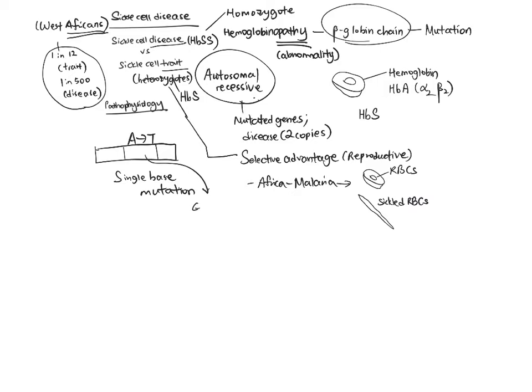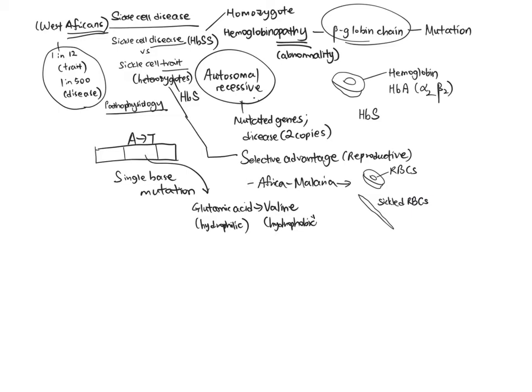Originally it codes for glutamic acid, and then it changes into the valine amino acid after the mutation occurs. So glutamic acid is a hydrophilic and water-soluble amino acid, whereas valine is hydrophobic. And that's where all the symptoms of sickle cell anemia arise from.